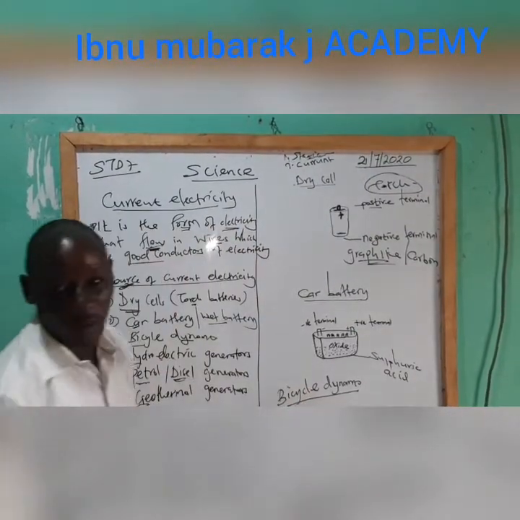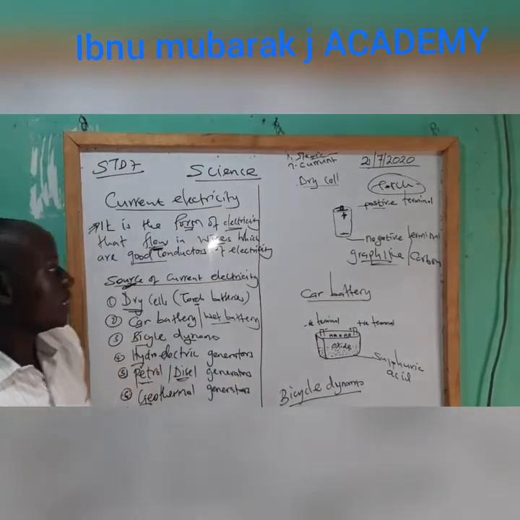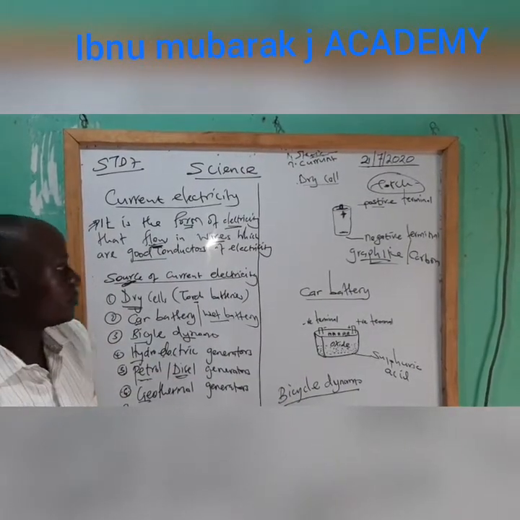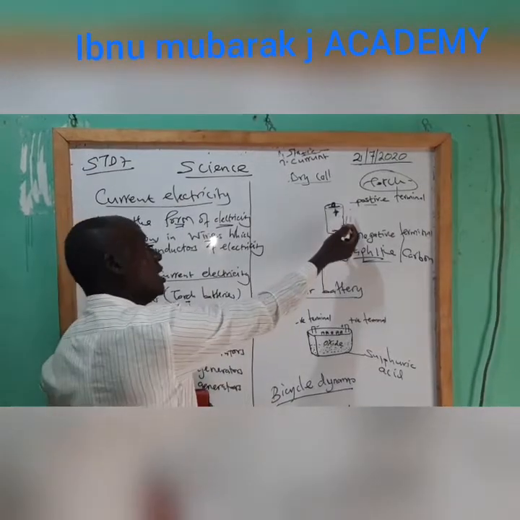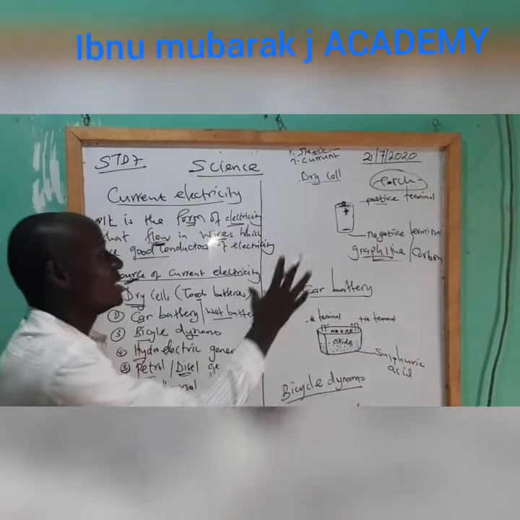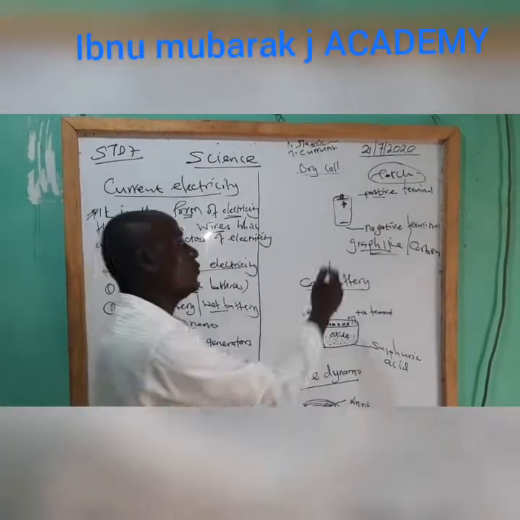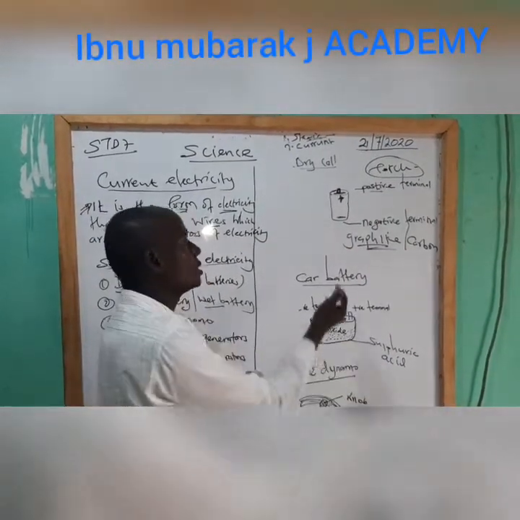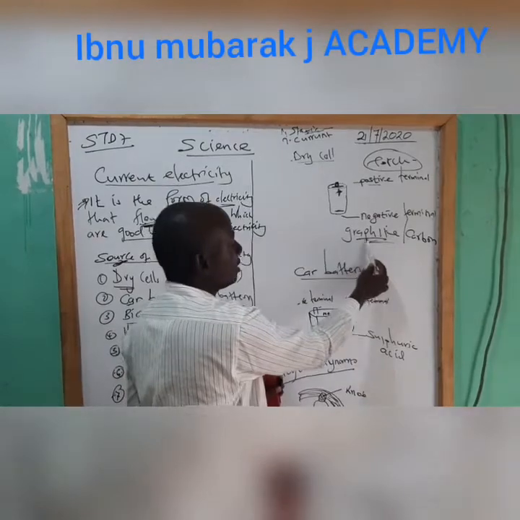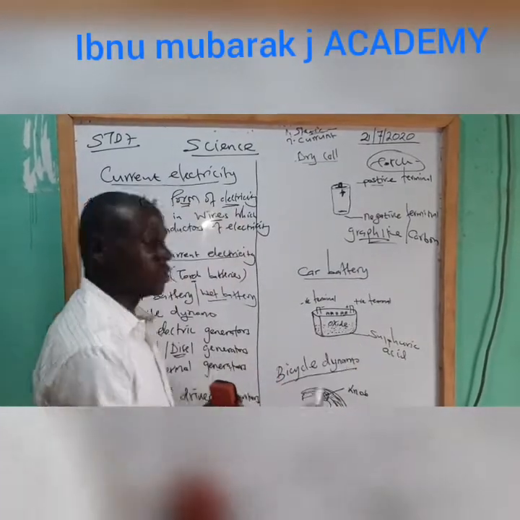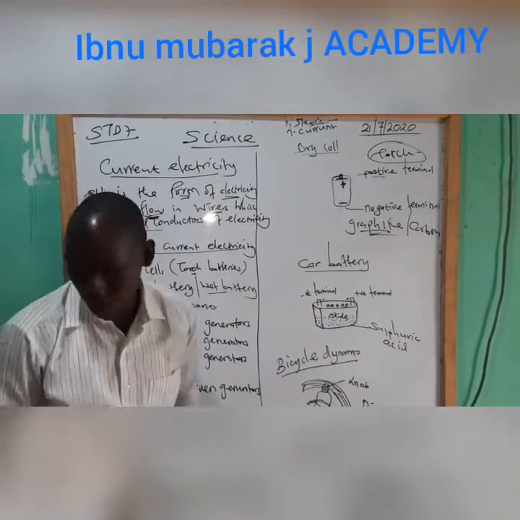That is where we can find it. So the most important point here: you know the terminals, and this one has chemicals. It produces electricity by means of chemicals, and the chemicals can be this graphite and the carbon.